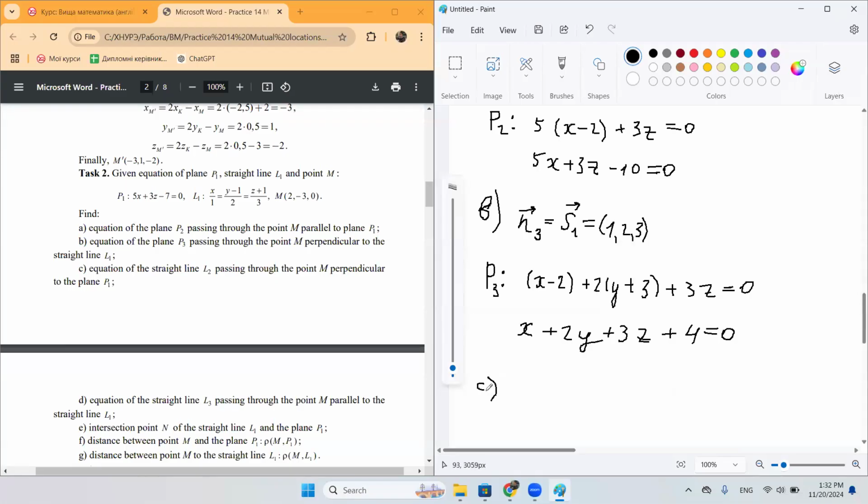Then part C. We need to find the equation of the straight line L2 passing through the point M perpendicular to the plane P1. So we have the point, we need to find the direction vector. And what will the direction vector be equal to? So, any ideas?